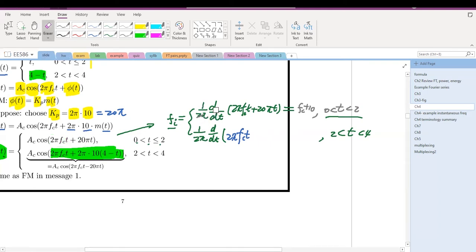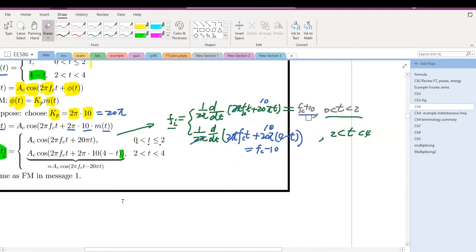Here the 2 pi cancel out each other, and this becomes 10, that equals fc plus 10. Now for time from 2 to 4, we have the angle of this portion. We plug it in, 2 pi cancel out each other, this becomes 10, and the derivative of 4 minus t is minus 1. This equals fc minus 10.